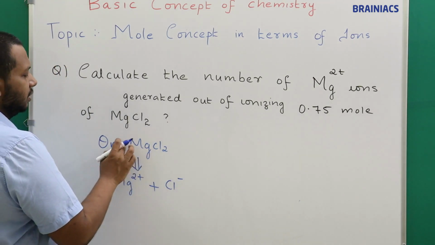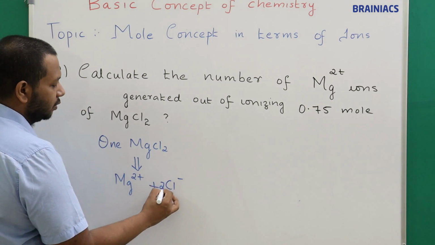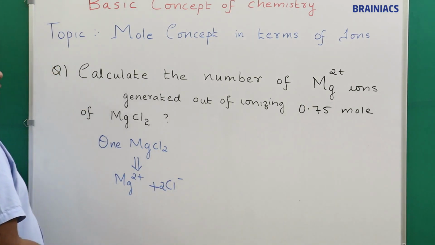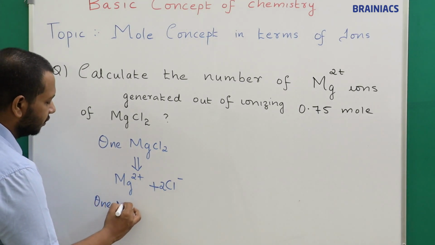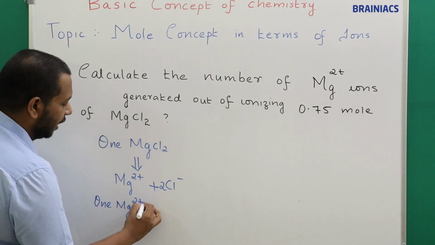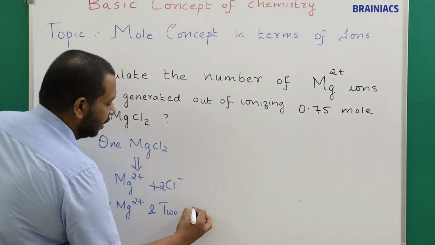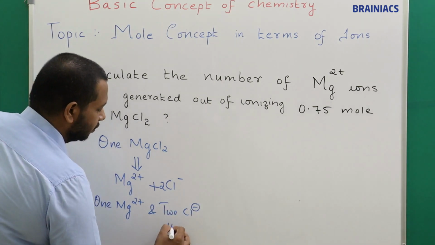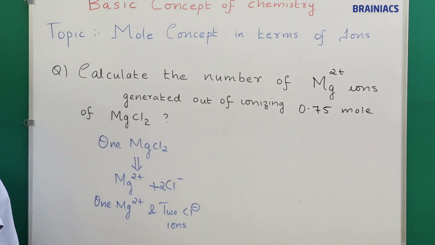Now I will look, Mg there is only 1, chlorine 2 are there, so I will put here 2. So I will get 1 Mg2+ and 2 Cl- ions. This is what I am obtaining from 1 MgCl2.